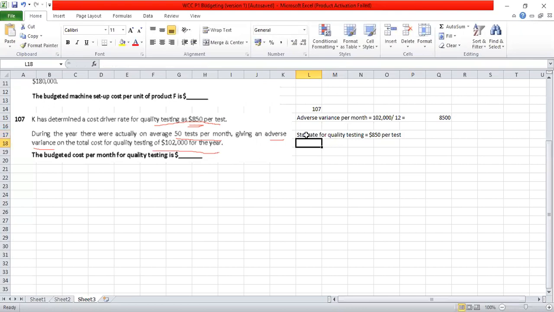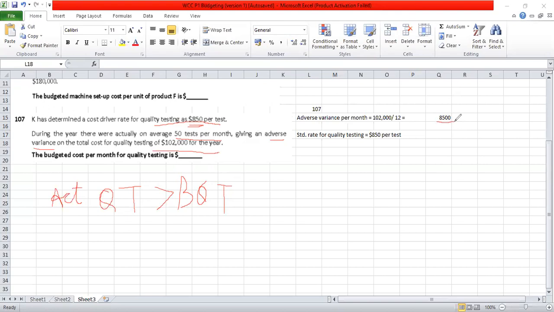The concept here is, if it is an adverse variance, then the actual quality testing cost is greater than the budgeted quality testing cost, because the details are related to cost. By how much? Per month it is 8,500. That is what we have understood till now.